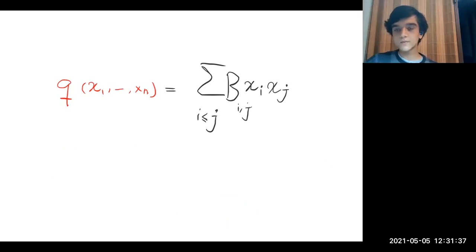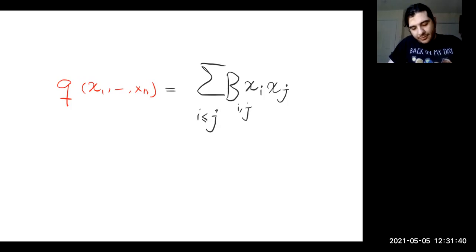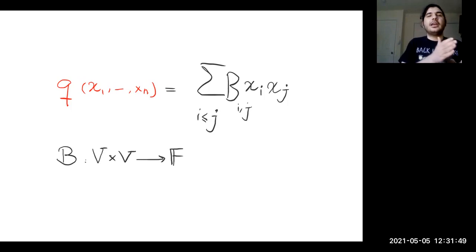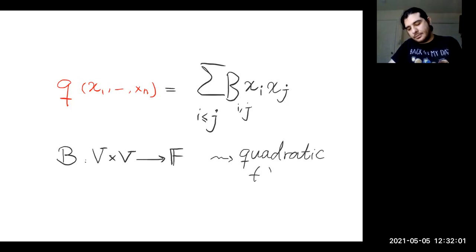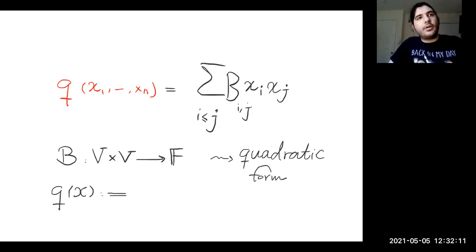Another way of thinking about it is that it comes from a bilinear form. Suppose we have a bilinear form B from a vector space V to its field F. So it would be a bilinear map B from V times V to F. You can assign a quadratic form to that. So quadratic form Q of anything like X can be defined in terms of this bilinear form.